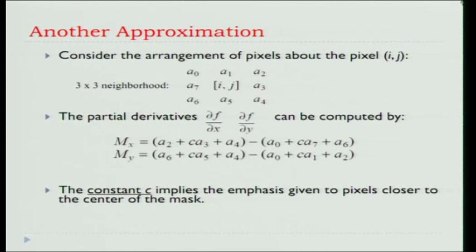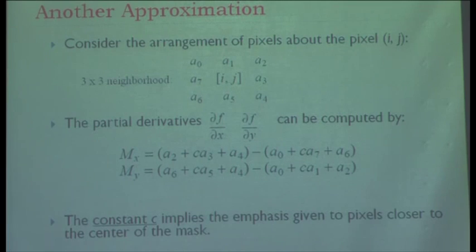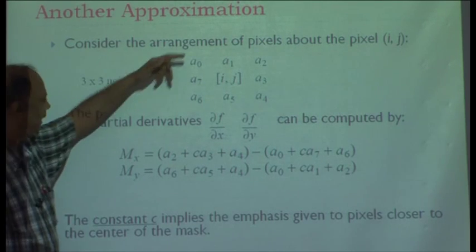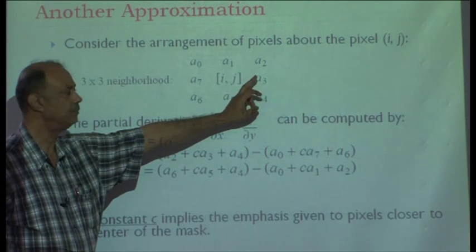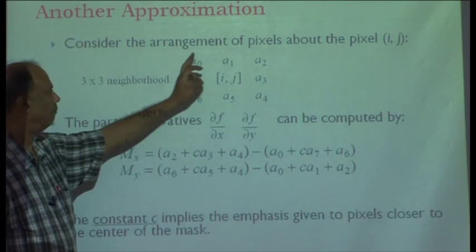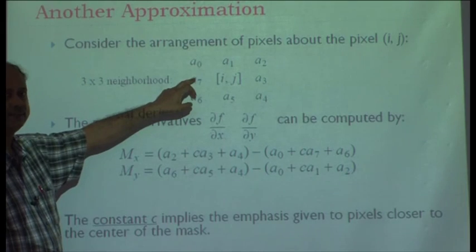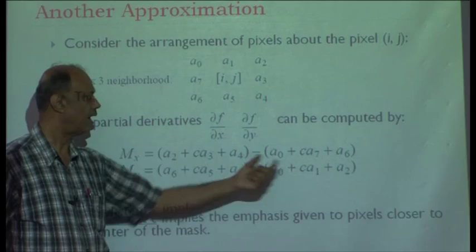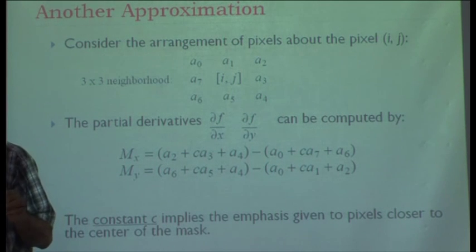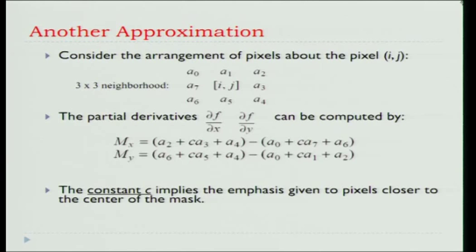Now we are changing. We are saying that not only the difference, we give a little extra weight on the row or column where your pixel is lying. So, Mx is A2 plus some value here, third column, plus this minus this multiplied by C times and so on. Now, here you observe that I have given the same constant multiplier.